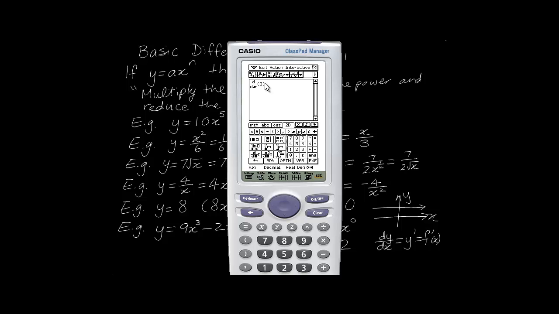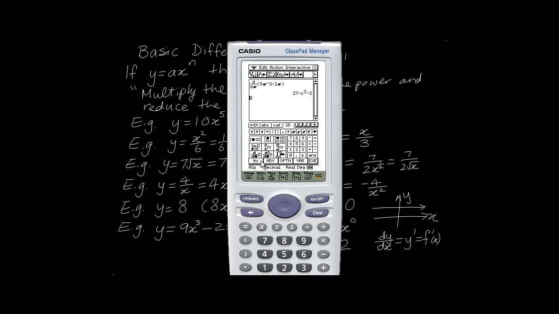Let's put in that last example we did, 9x cubed minus 2x. If we then press execute, our Classpad has given us the gradient function dy/dx as 27x squared minus 2, which is exactly the same as what we got. So it is possible to do this on the Classpad as well.